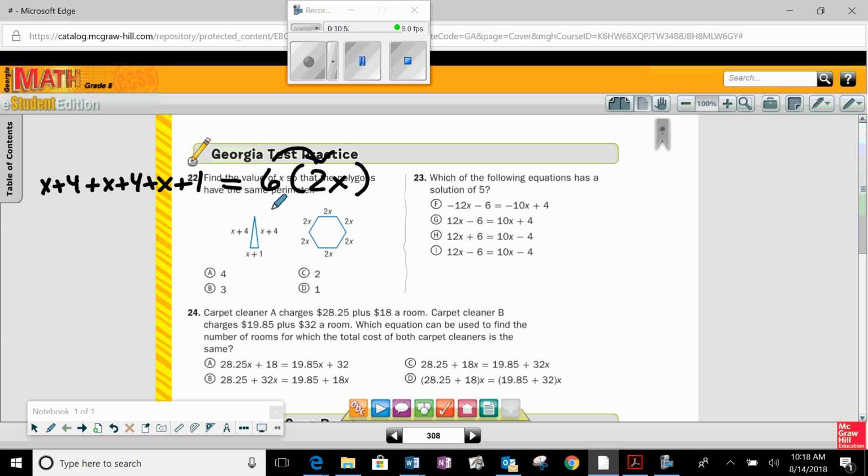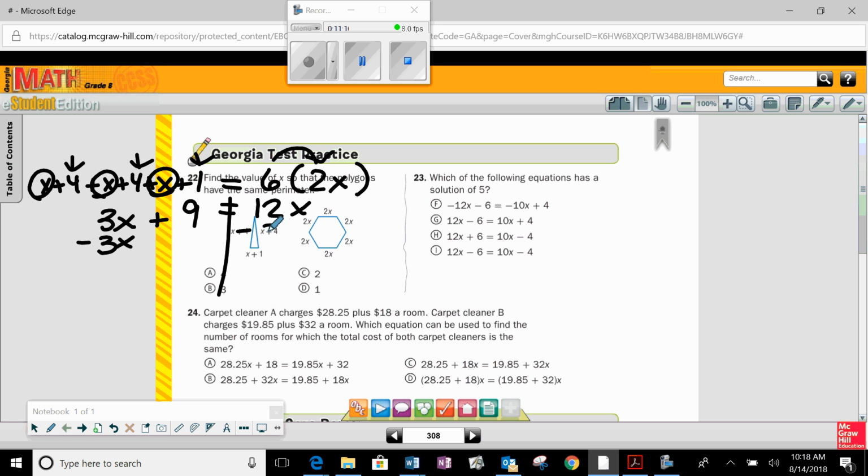Now we use the distributive property and we get 12x equals, combining your like terms, we have 3 x's plus 4 plus 4 plus 1 is 9. Now we're going to get x's on the same side, so I'm going to subtract 3x so that I get 9 equals 9x. Divide by 9, so x equals 1.